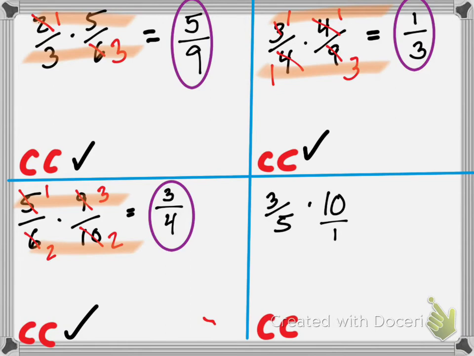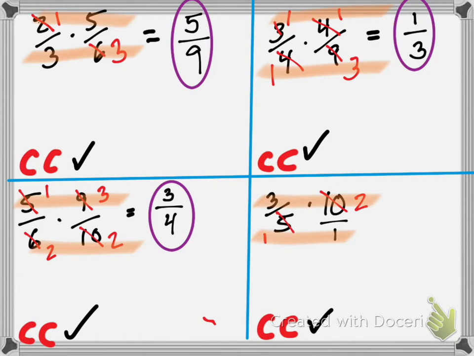Yes, you can. Yes, I can. What can I cross cancel? You can cross cancel 10 and 5. 10 and 5. They're both divisible by 5. What does the 5 become? The 5 which is a 1. It becomes a 1. And then what does the 10 become? A 2. Perfect. And then, Clara, we're gonna cross multiply.